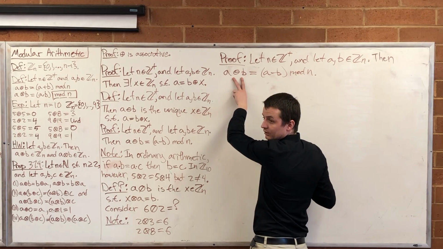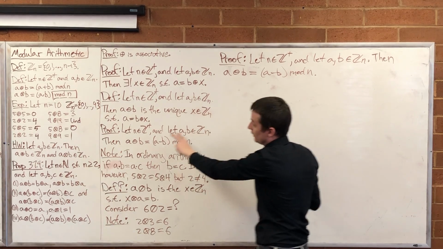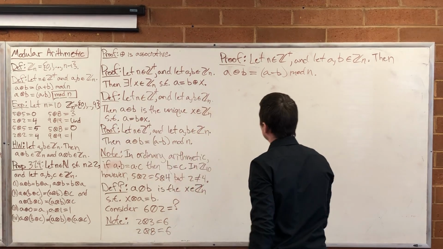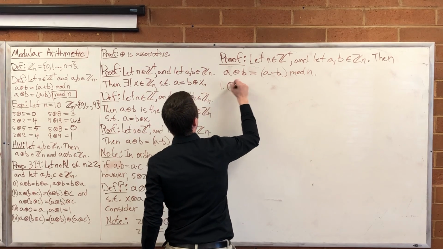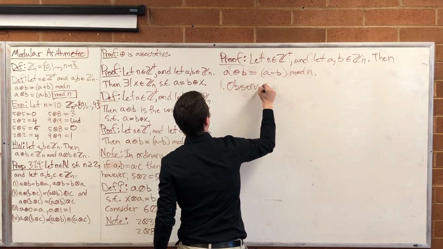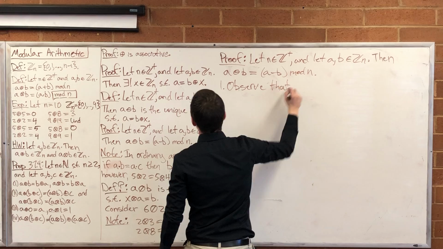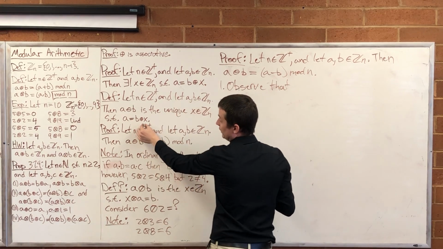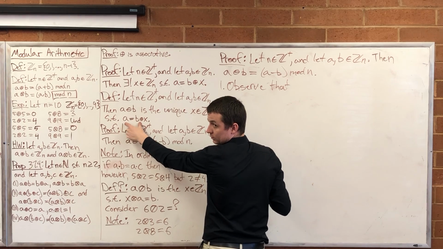What is this? This is the unique x that makes this true. Right? So, observe that, by definition, this thing is this x that makes this true.